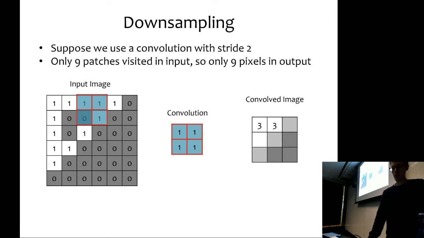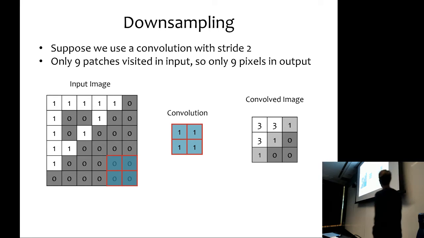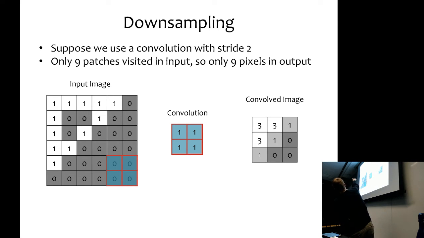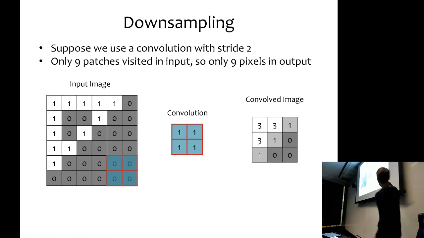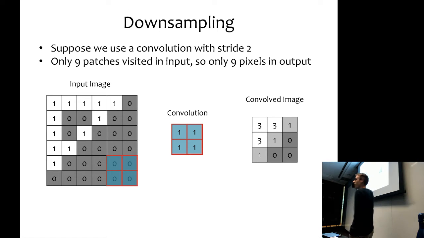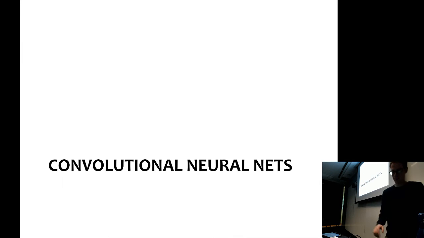So doing so is essentially downsampling the image. As we go across here, we've convolved the image, but now we get back from our original 6x6 image a 3x3 image. But you can see that it has actually preserved a lot of the information that was in the original one.